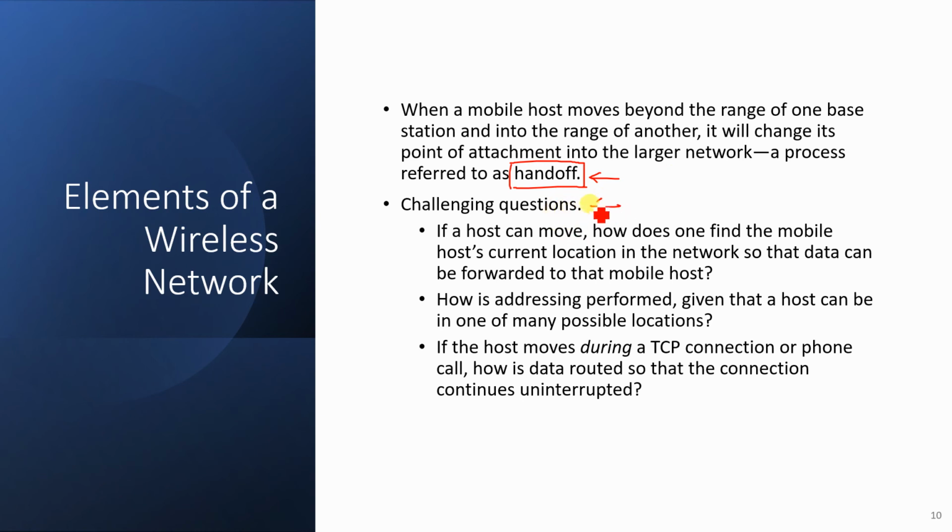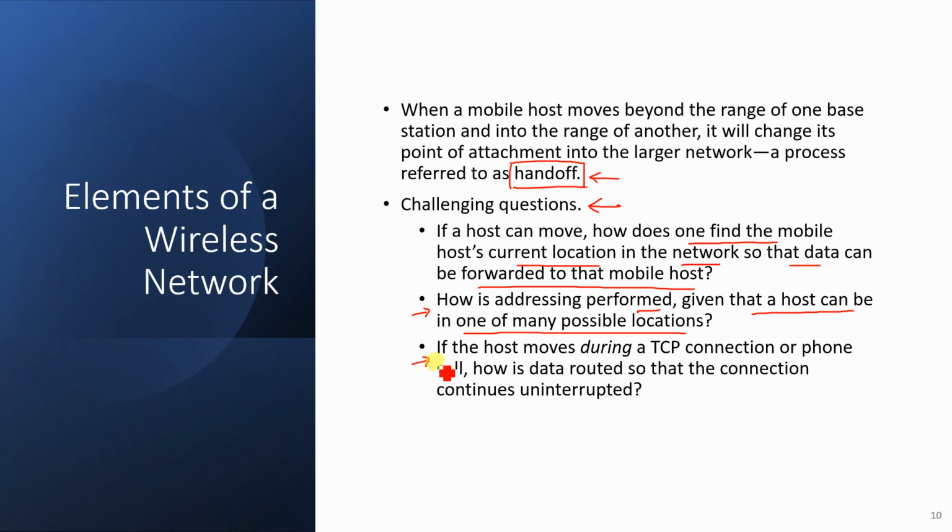So there are some challenging questions we need to address here. If a host can move, how does one find the mobile host's current location in the network so that data can be forwarded to it? Similarly, how is addressing performed given that a host can be in one of many possible locations?